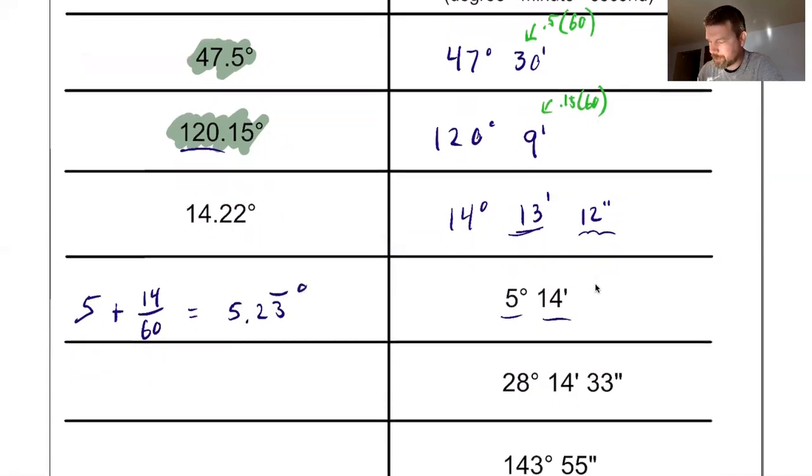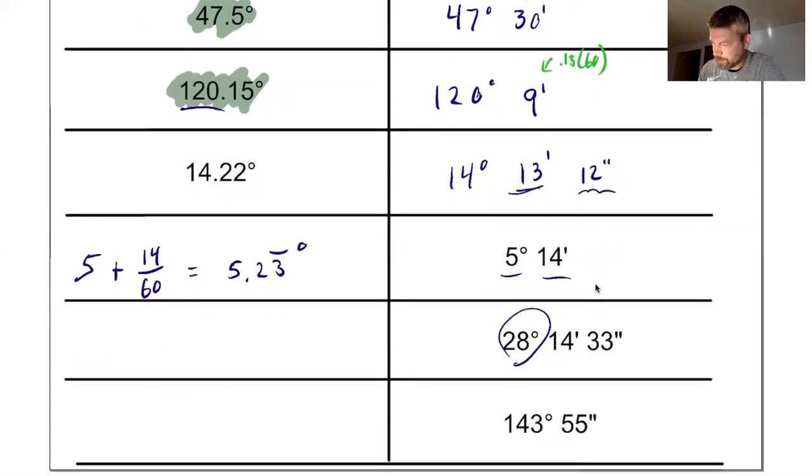All right, same type of thing here. Sorry, 28 degrees. I've got 28 whole degrees plus 14 minutes. So plus 14/60ths of a degree, because there's 60 minutes in a degree, plus, careful here, 33 seconds.